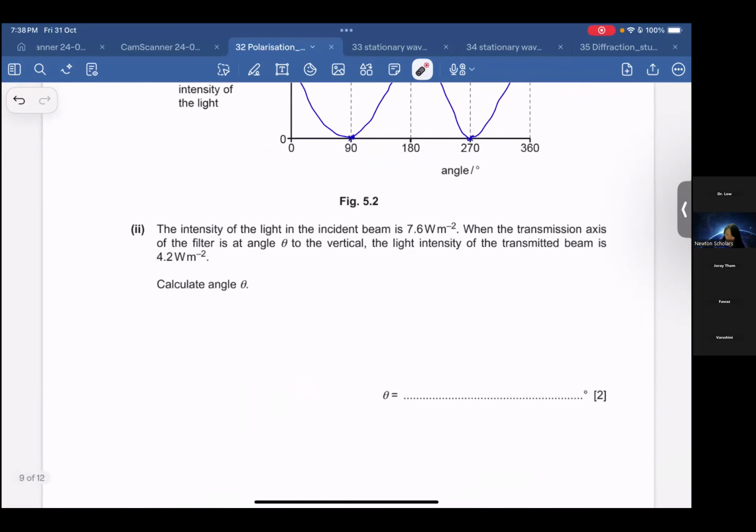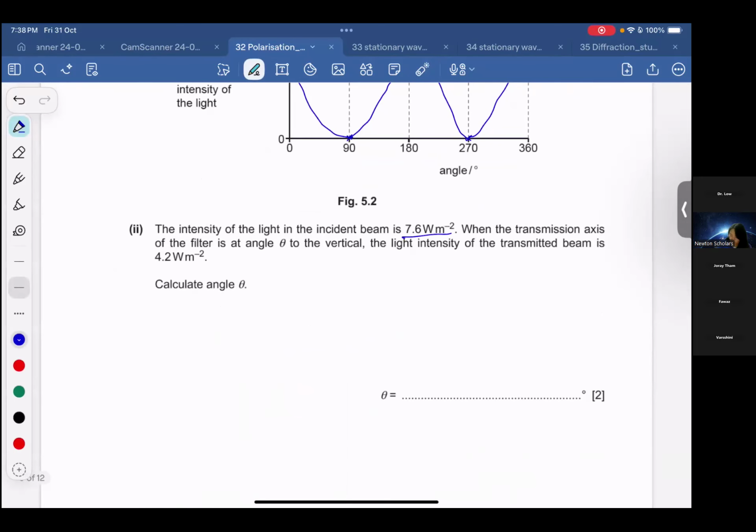At here, the intensity for the incidence, this one I label I or I0, also can, doesn't matter. When the transmission axis is at the angle delta to the vertical, the light intensity after that becomes like this. This is new. With a filter at a certain angle, we get a new intensity, so it is reducing. So here I new equals the incidence times cos square delta.